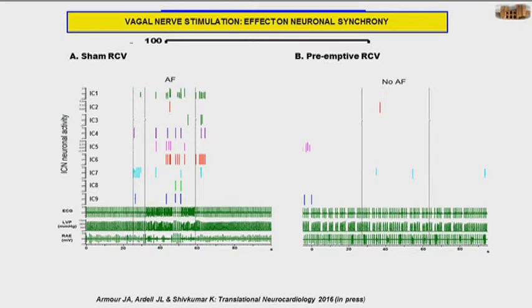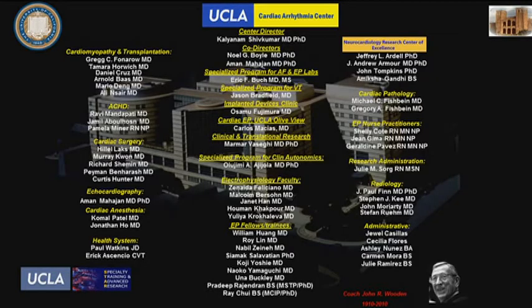You can see that these neuronal recordings and the signature has completely changed, and you do not get atrial fibrillation. So there is a lot of convergence of opinion now that if you modulate nerves, you can control atrial fibrillation. And this, of course, is a more complex arrhythmia, and it's going to be interesting to see what data we get.